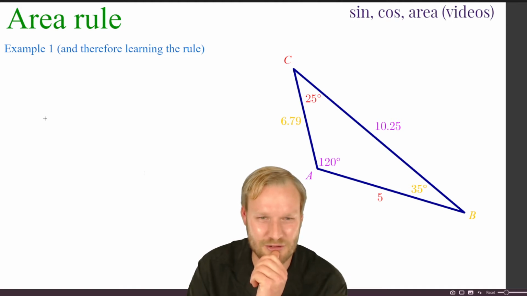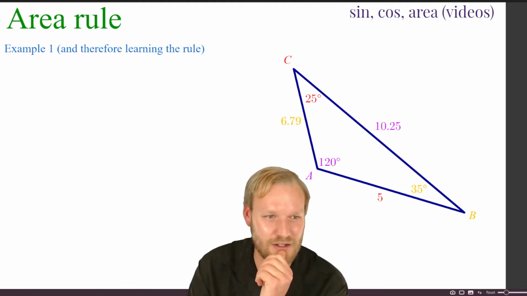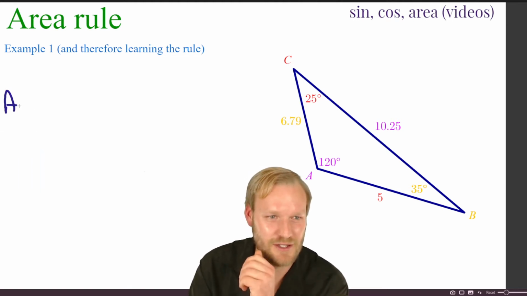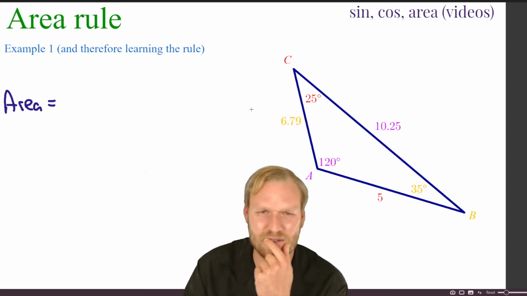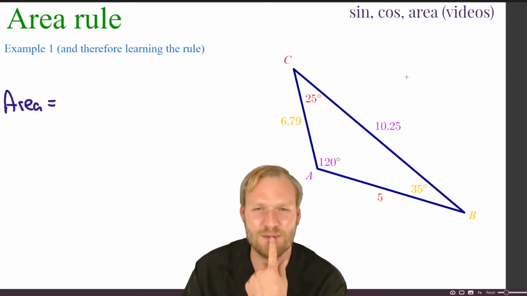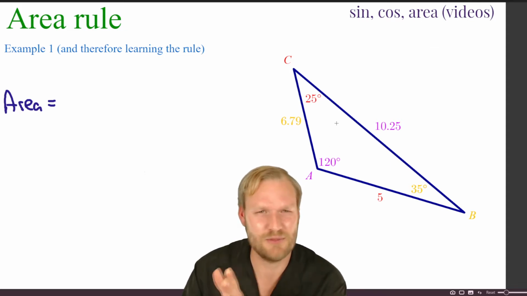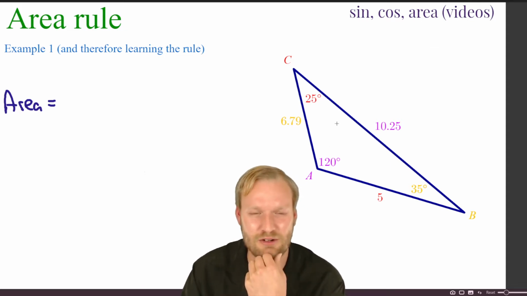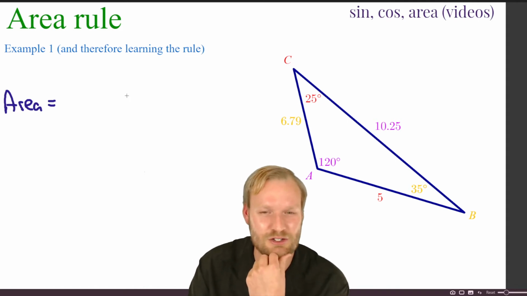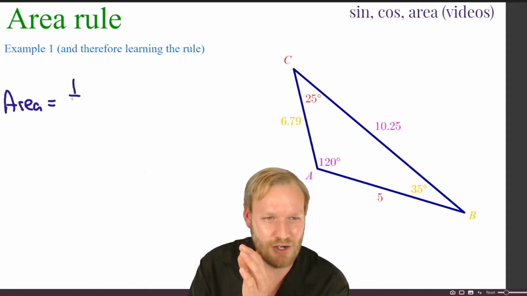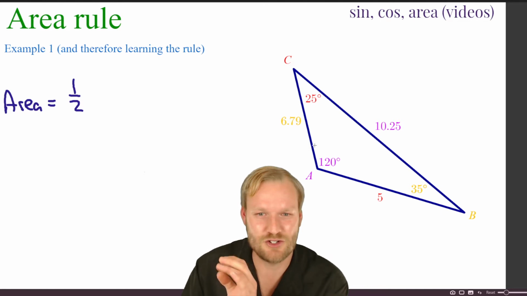Our area rule says that the area of our triangle equals, well, remember we used to go half base times height, but that's all very well if you know the height. But here we don't know the height and we don't really want to work it out. So all you have to do is go a half, take two sides, multiply them together, and the angle in between.